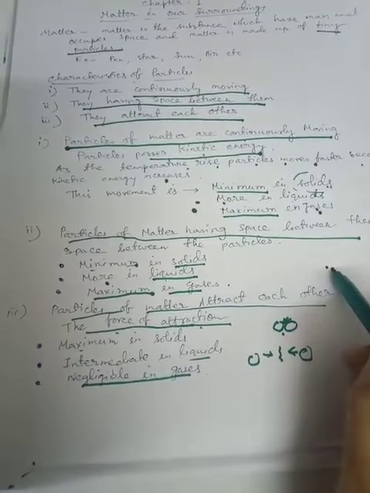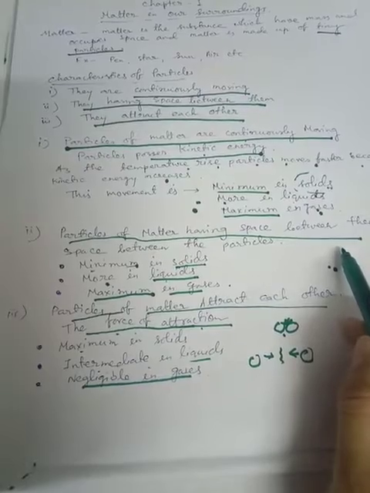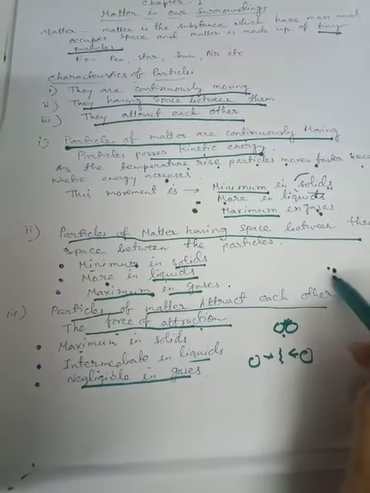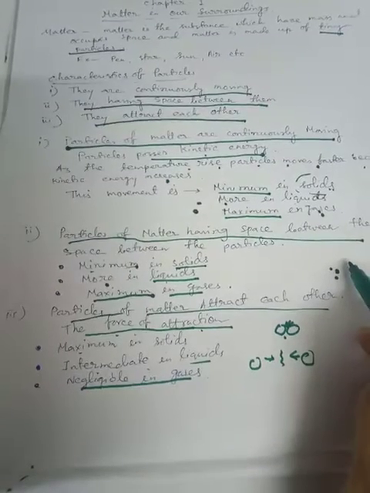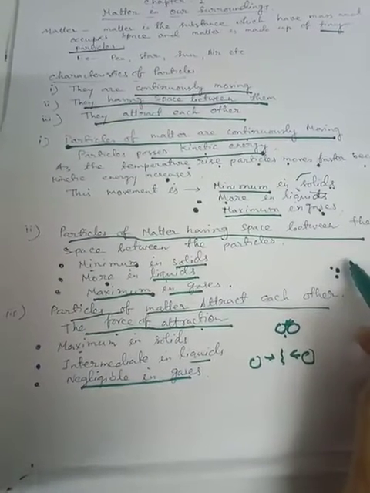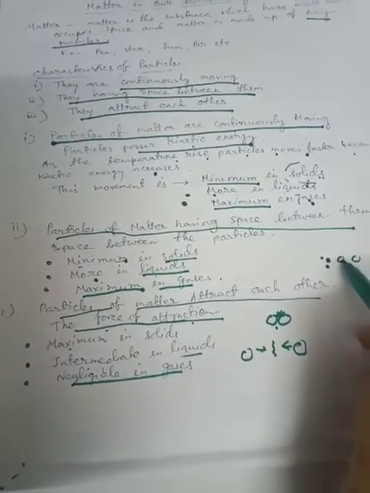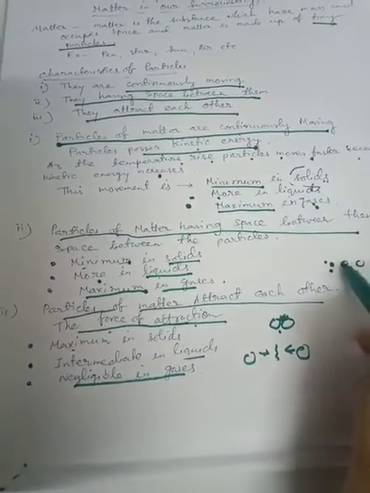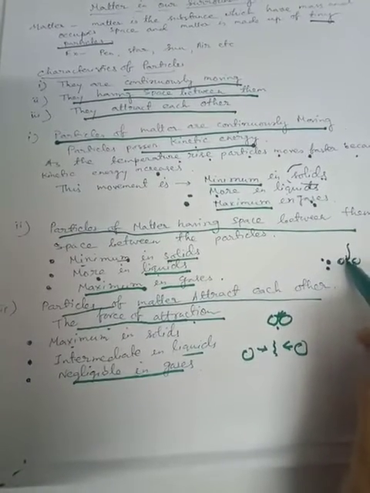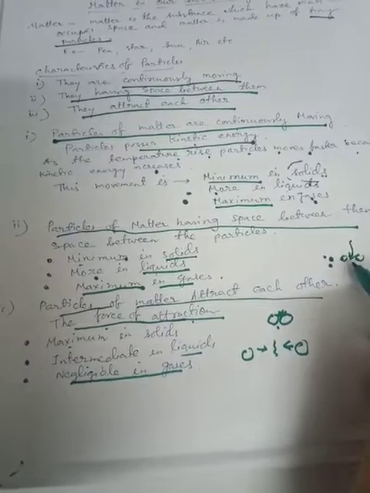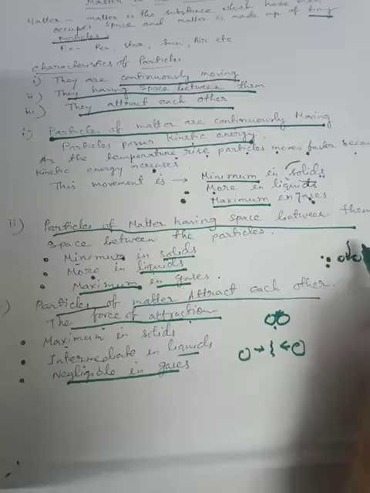After dissolving, you will see that the mark of the water level remains the same, though you have added a spoonful of sugar, so it should increase, but it does not happen. This is because water is a liquid, so sufficient space is present between two water molecules, and in that space the sugar molecules dissolve, so the water level will not increase.